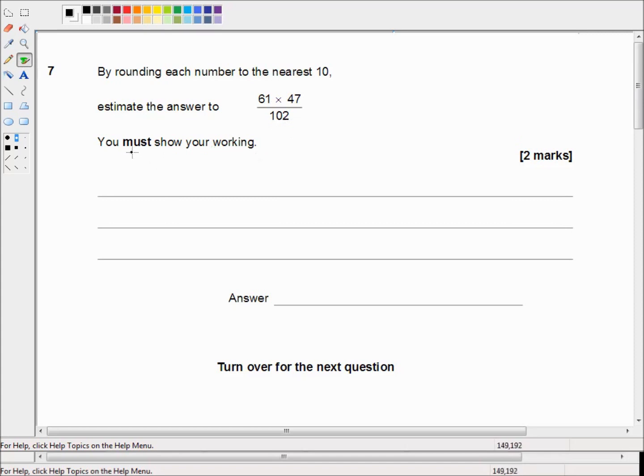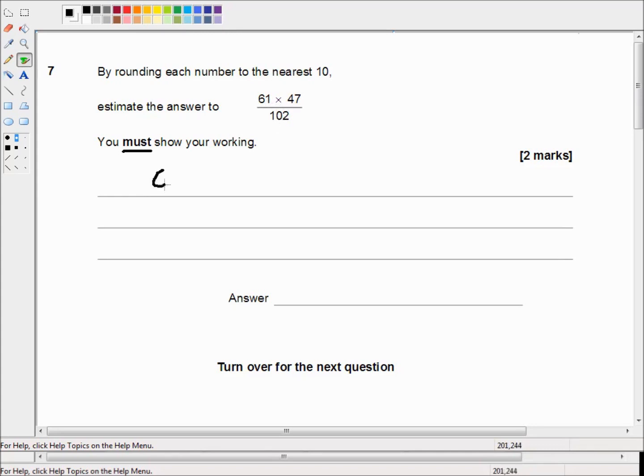This is actually more important than ever, because I just checked with the answer guide, and even if you got the right answer, if you didn't show any working out, they would actually give you 0 marks. So you get 1 mark for correctly rounding each number to the nearest 10.